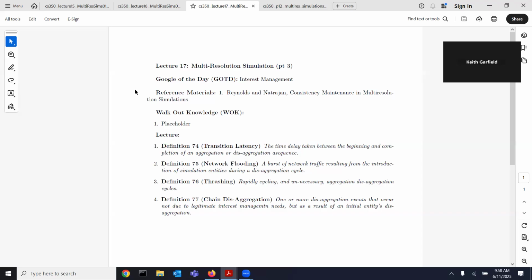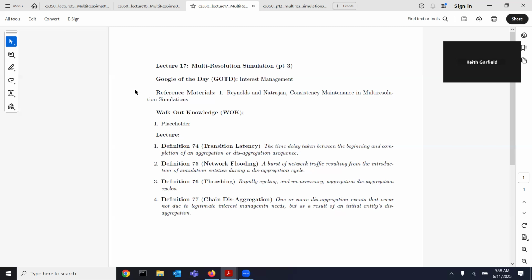Thrashing is when you do any activity back and forth. So now you disaggregate. Nobody's near. Aggregate, right? You can also do a form of thrashing that can show up if you have movement. During the movement, I come within this zone of control or this sphere of influence and I disaggregate. And then as I'm moving, I come out, right?